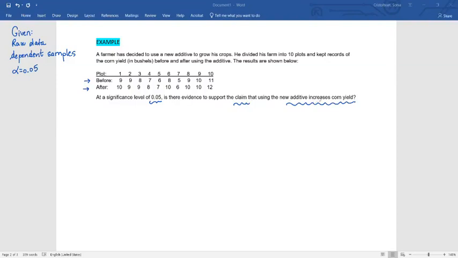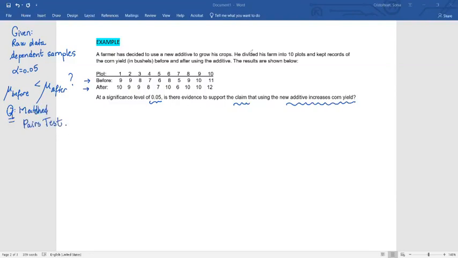The new additive increases the corn yield, meaning the after results should be better than the before results. I'll simply say, okay, mu before is less than mu after. That's the claim. So the question, do a matched pair test, and let's do that.